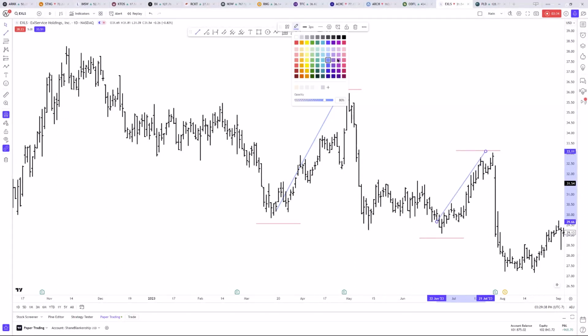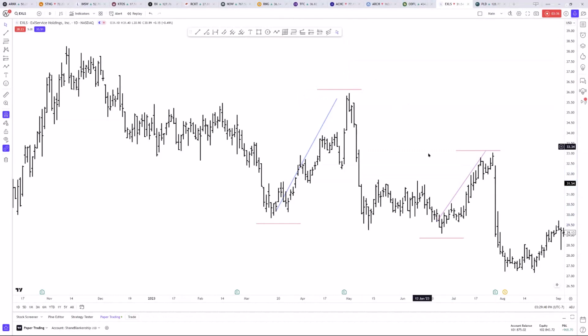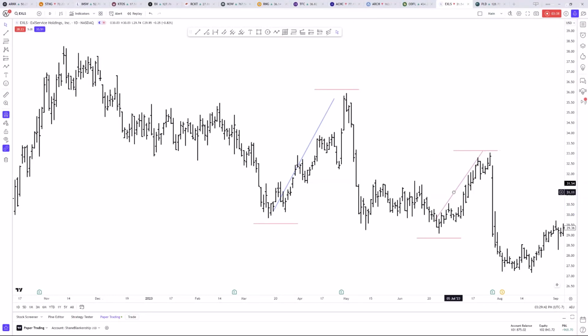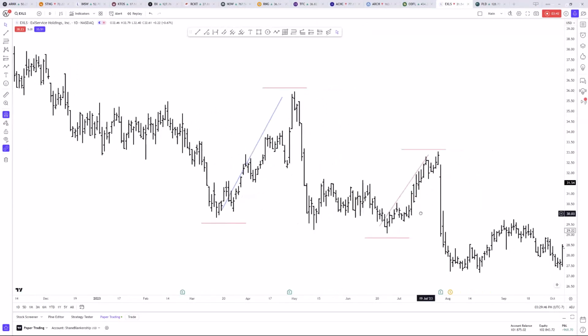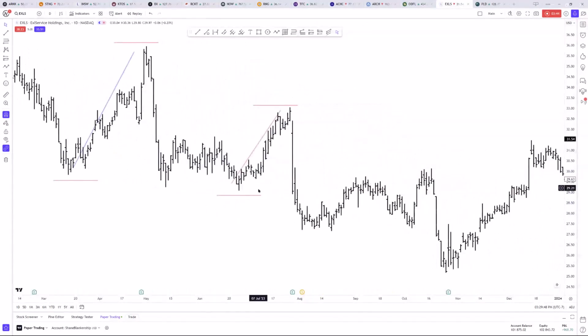It's a different relativity. So all you need to do is find two of these and then draw a line. So that's what structuring a market is. So you can see we're finding waves here. And this could lead to projections later on.